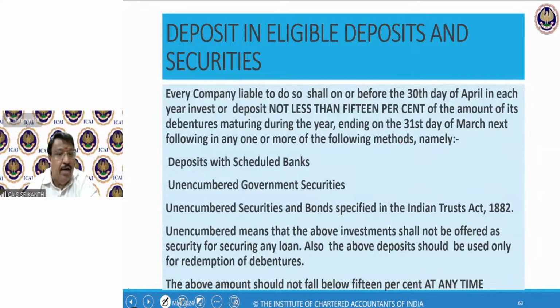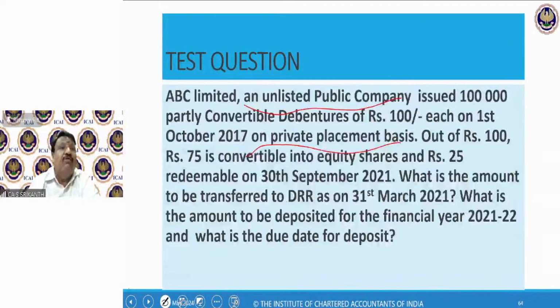The convertible portion I need not transfer. So what is the amount of non-convertible portion? Out of 100 rupees, 75 is convertible. 25 rupees is non-convertible. 25 into 1 lakh, 25 lakhs. On that 25 lakhs, 2,50,000, that is 10%, should be transferred to DRR.